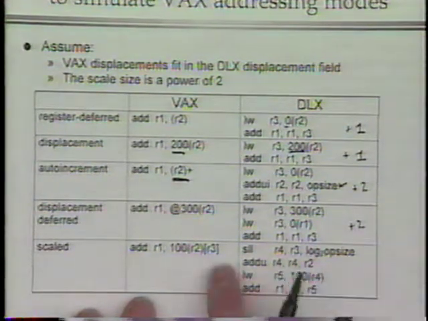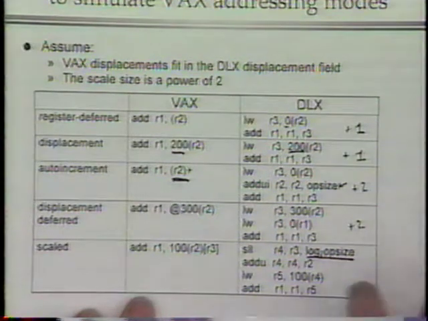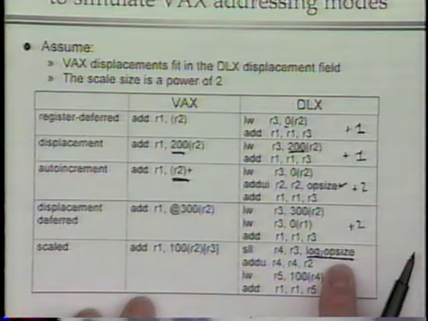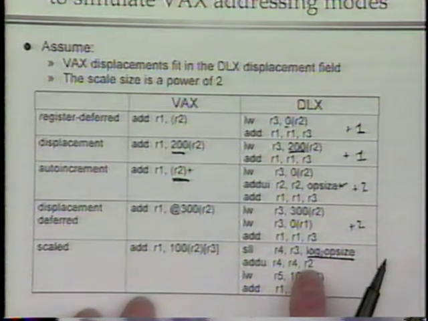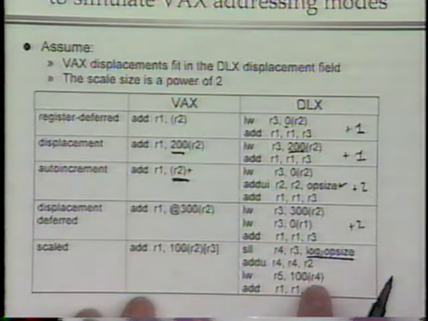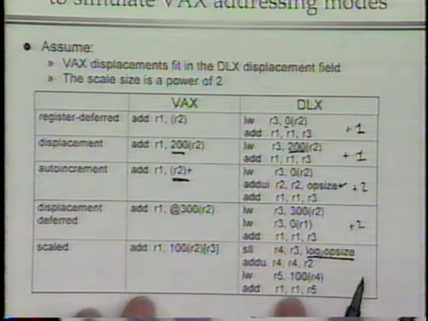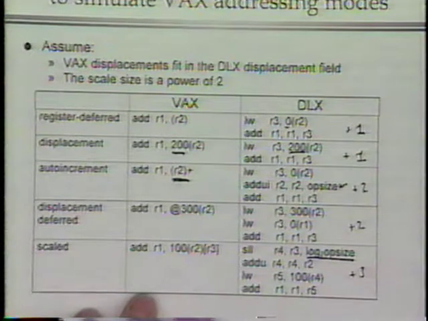So we shift the contents of register 3 left by the log of the size of the operand. If you're fetching 4-byte words, you shift this left 2 bits to multiply by 4. Then we can add the 2 registers together. Then we can fetch the operand from main memory using the displacement and the result of the added registers. And then we can finally do the ALU operation. So the total penalty there for not having that addressing mode is 3.